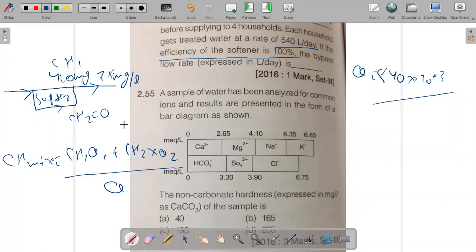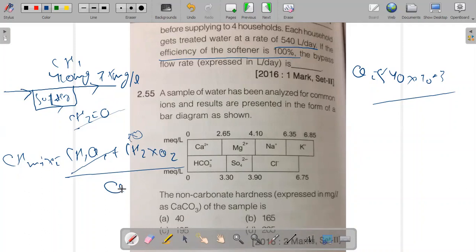Either you do this using this long method, where you first calculate CH1, that is the carbonate hardness of the first, and multiply it with its flow rate. Here the second is 0, so there's no need to calculate that. And then you need to calculate the total flow rate, that is the overall flow rate.